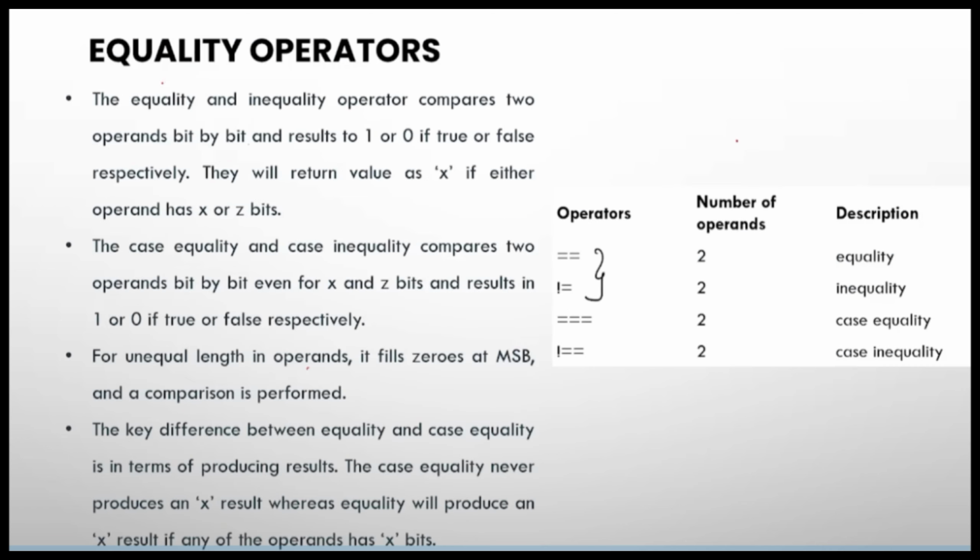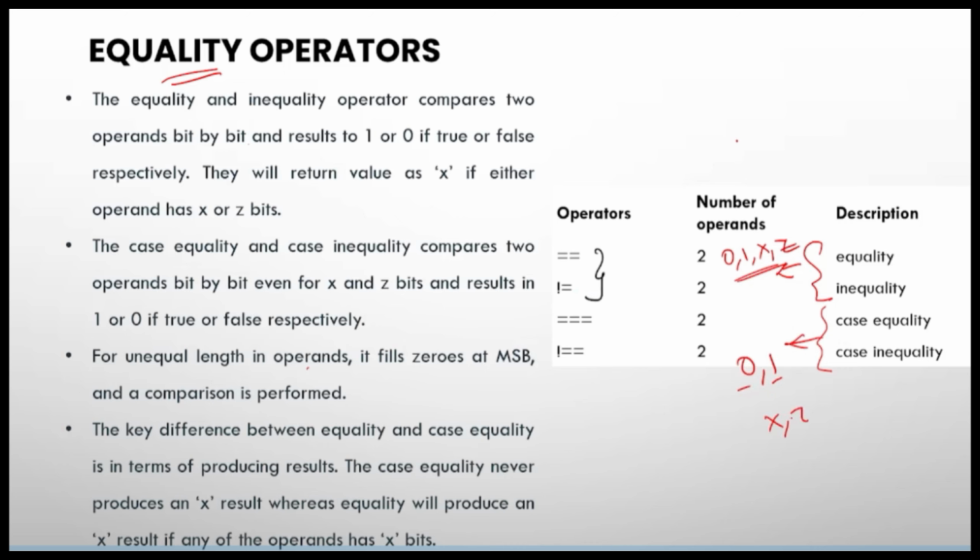Coming to equality, you have two types of equality: one is equality and the second is case equality. The difference is that equality can have four outputs: 0, 1, x or z. Whereas in case equality operators the output can be only 0 or 1.